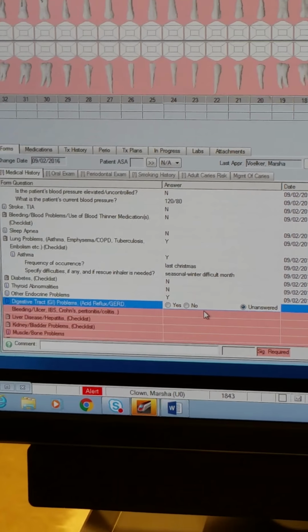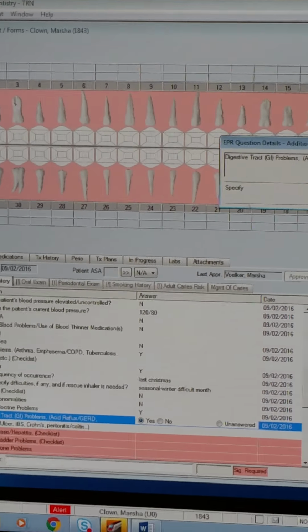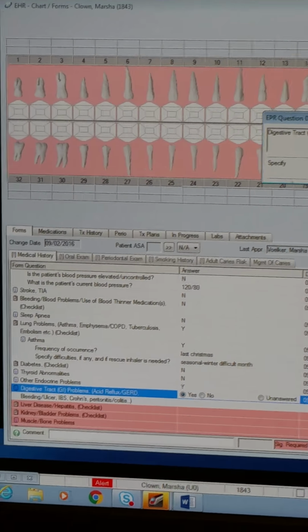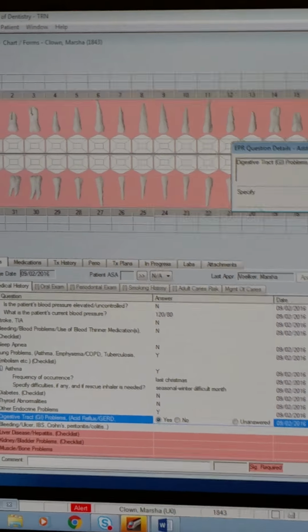Digestive tract, let's see. Do you have acid reflux? Do you take medication for it?